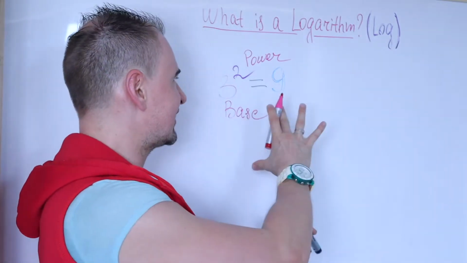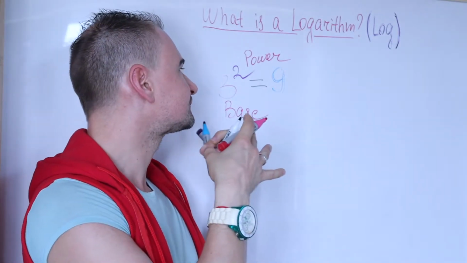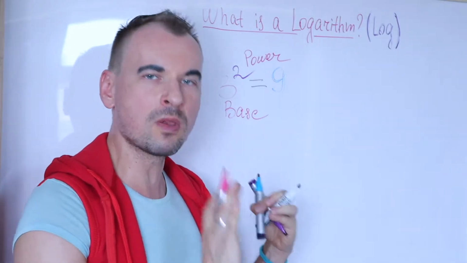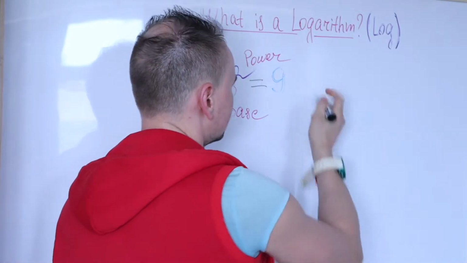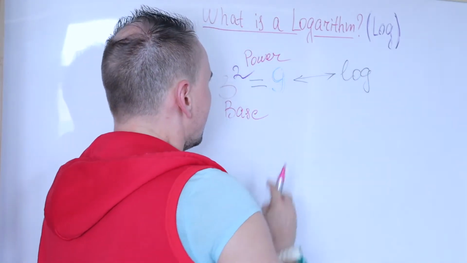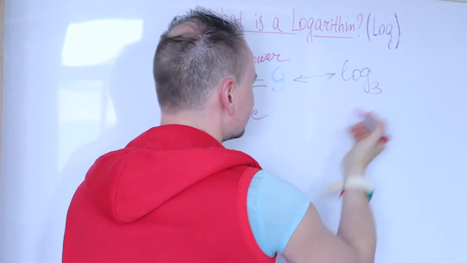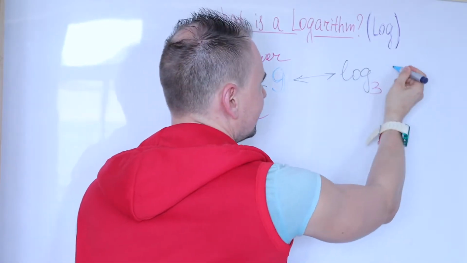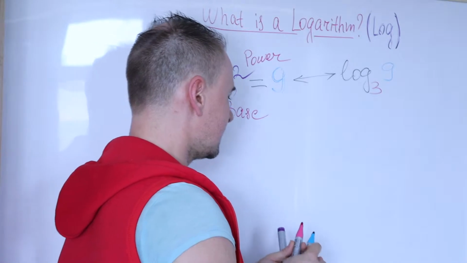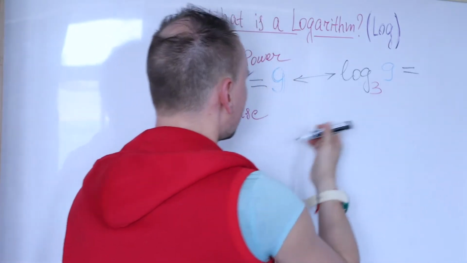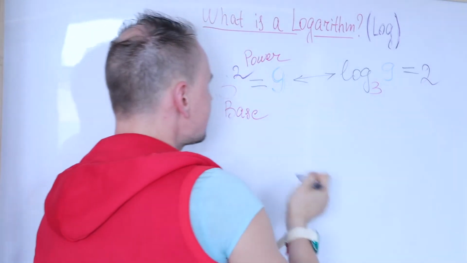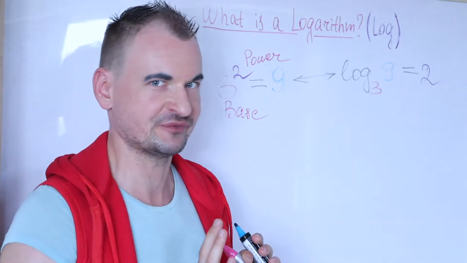Now, this pattern can be rearranged and turned into logarithm form, or log form for short, by writing log, which basically stands for logarithm, with base 3 subscripted, of 9, that number on the right side from your exponential form, equals 2, that power or index from your exponential version.